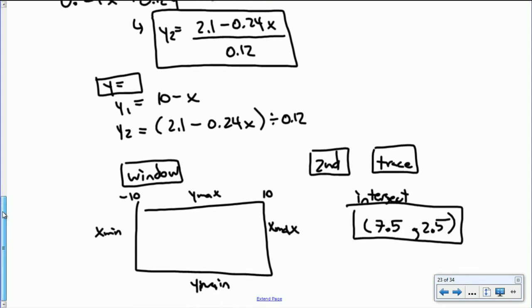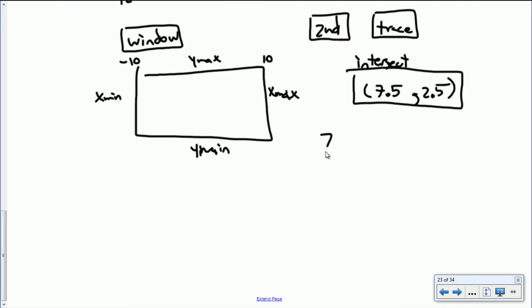So we need 7.5 kilograms of the 24%, and we need 2.5 kilograms of the 12%.